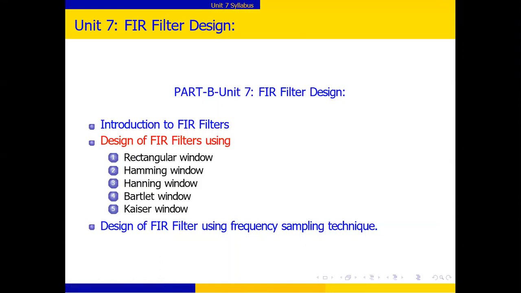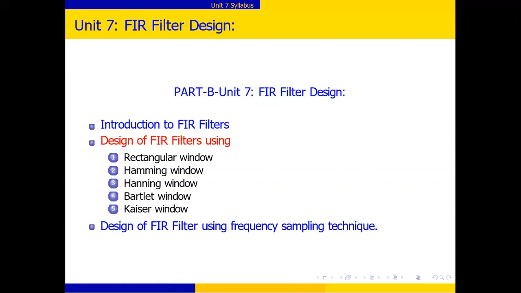What are the different characteristics of FIR filter, linear phase FIR filter, frequency response, then designing of FIR filter using different windowing techniques, rectangular window, Hamming window, and other windows, and the FIR filter design using Fourier series method and also frequency sampling method. So totally linear phase FIR filter characteristics including frequency response.